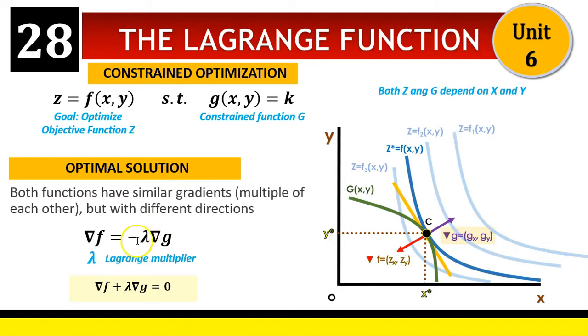times a scalar. In this case, this scalar is called the Lagrange multiplier. And we add a negative sign just because, as you can see, one is going towards the origin and the other is going farther from the origin.